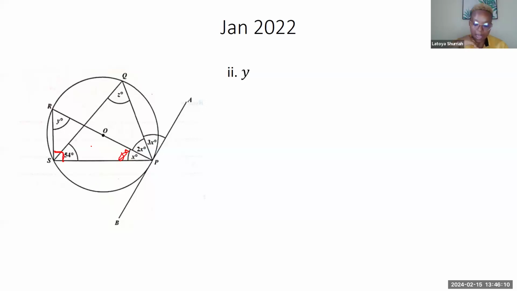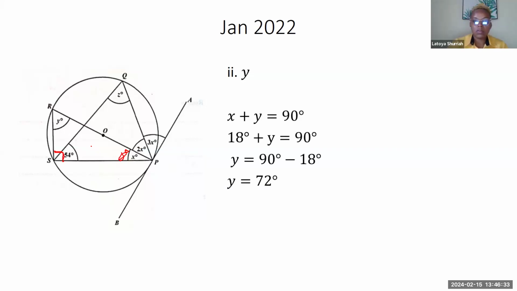Angles formed from the diameter at the circumference will be 90 degrees. All right, so what we got for y, are we all agreeing on the number? 72 degrees, lovely.